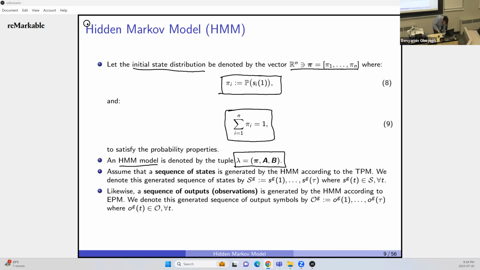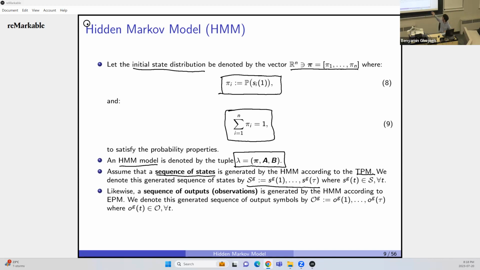Assume that a sequence of states is generated by the HMM according to the TPM. We denote this generated sequence of states by this, right? Assume I'm generating some sequence of states, because with every probability a different sequence will be generated. It's stochastic, it's random.